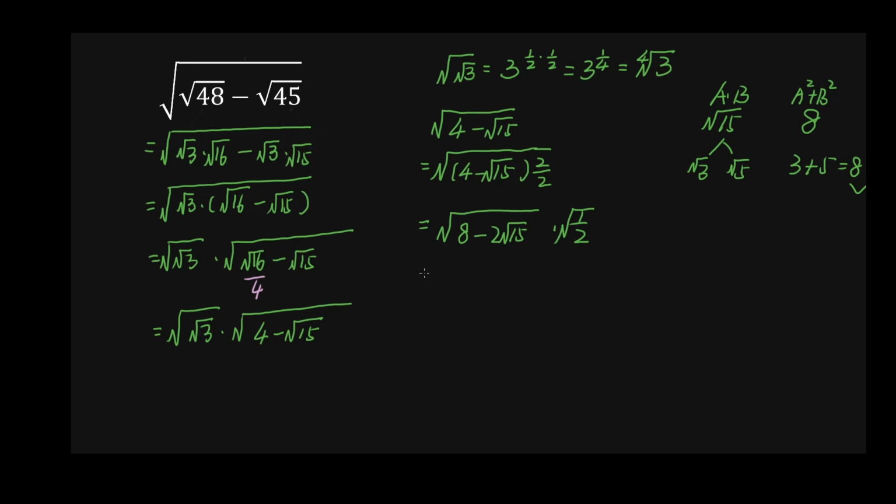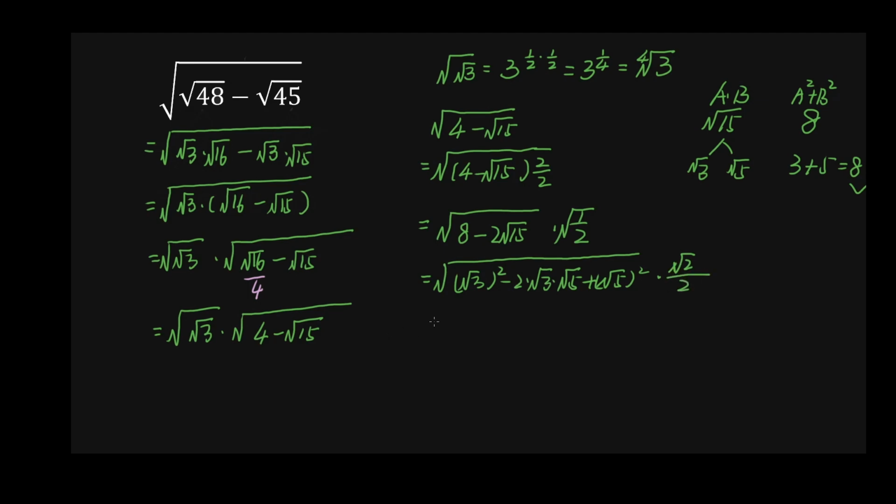And that is the square root of square root 3 squared minus 2 times square root 3 times square root 5 plus square root 5 squared, times square root 2 over 2.